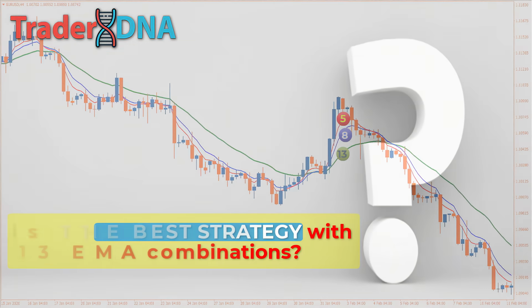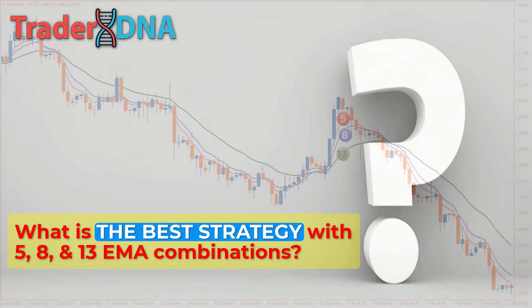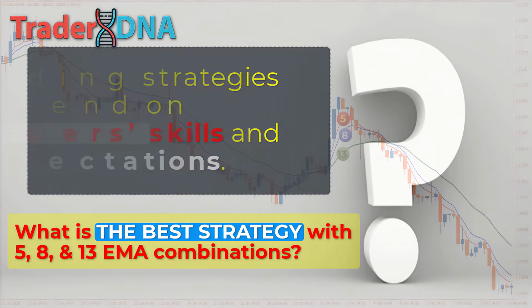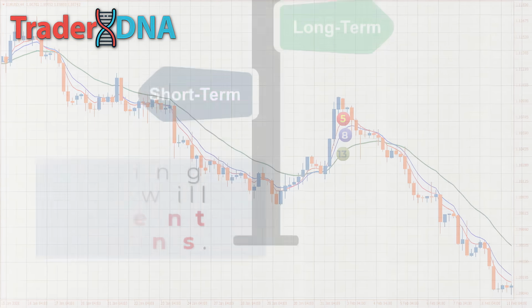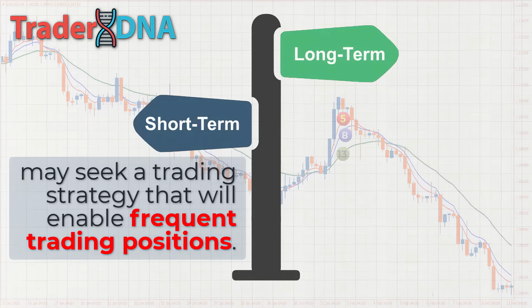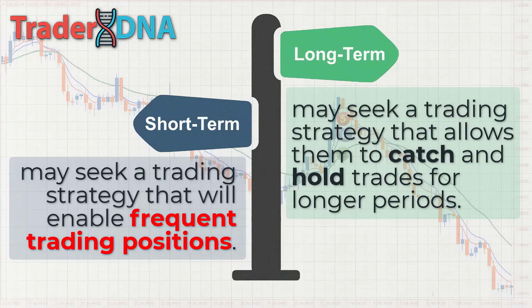What is the best strategy with 5, 8, and 13 EMA combinations? Trading strategies depend on traders' skills and expectations. For example, a short-term trader may seek a trading strategy that will enable frequent trading positions. A long-term trader may seek a trading strategy that allows them to catch and hold trades for longer periods.